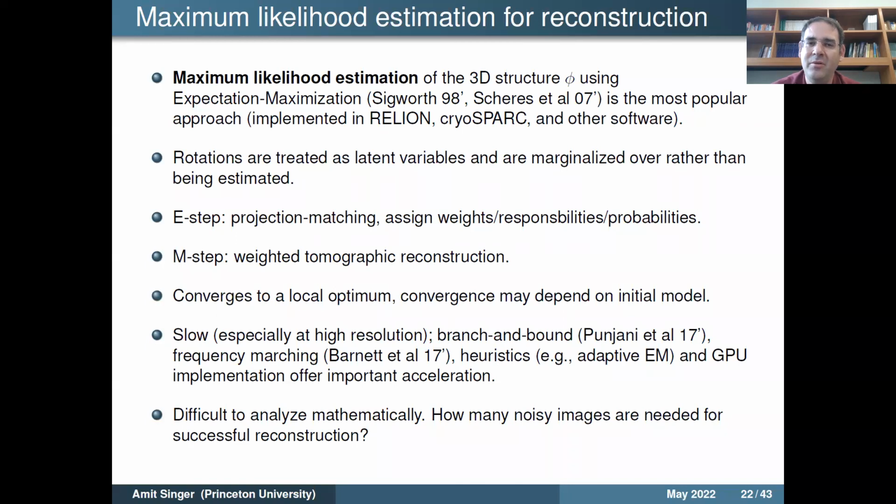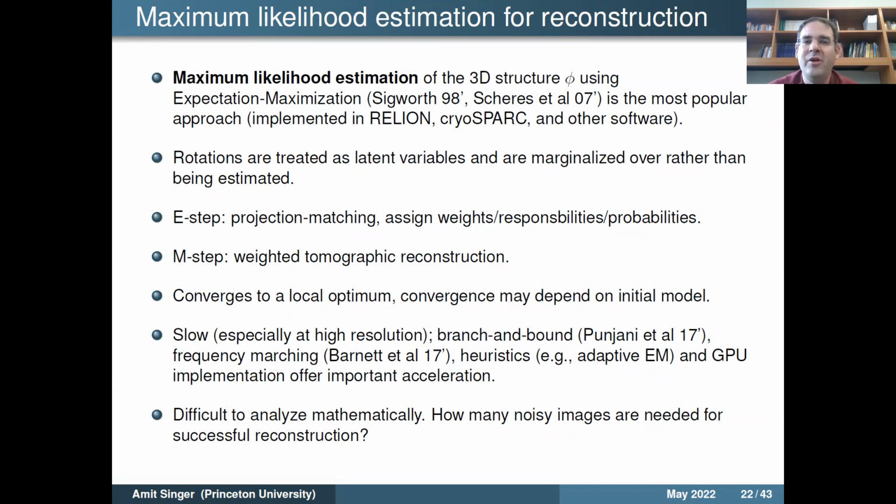So now you do what is called a soft match rather than a hard match. In the maximization step, you perform the weighted tomographic reconstruction. You solve the classical CT reconstruction problem, but now any given image can appear in many different directions, and you weight it according to the weight that you got from the E-step.